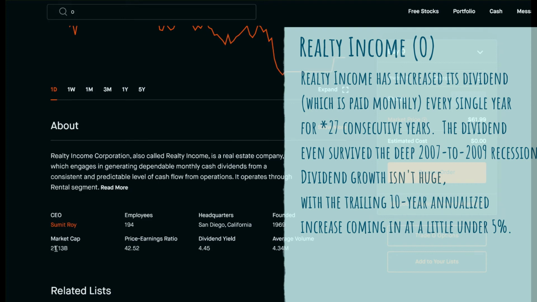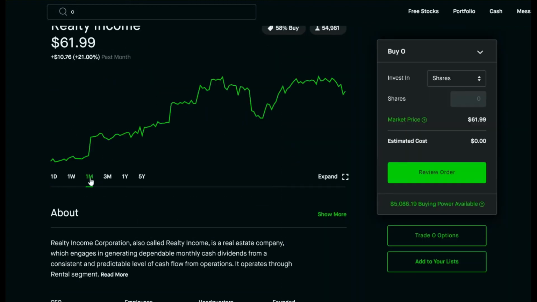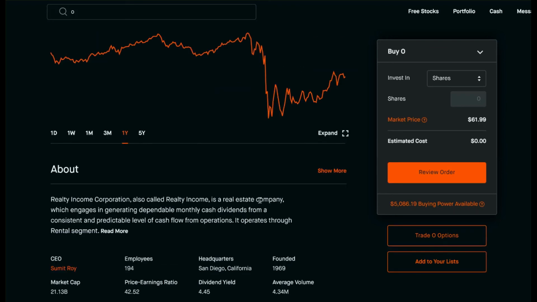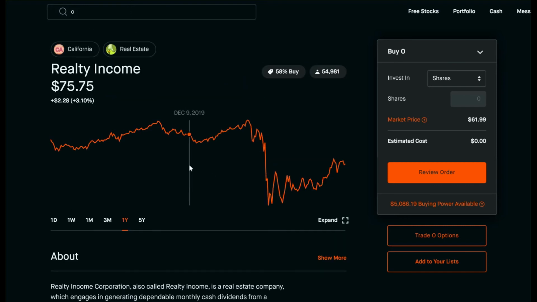So if you look at the market cap of this company, it's 21 billion, so it's a big company, and it's valued pretty rich. If you look at the price right now, it's still quite high, but this is a pretty reliable company, and you can create a pretty sizable income from having this in your portfolio, Realty Income.